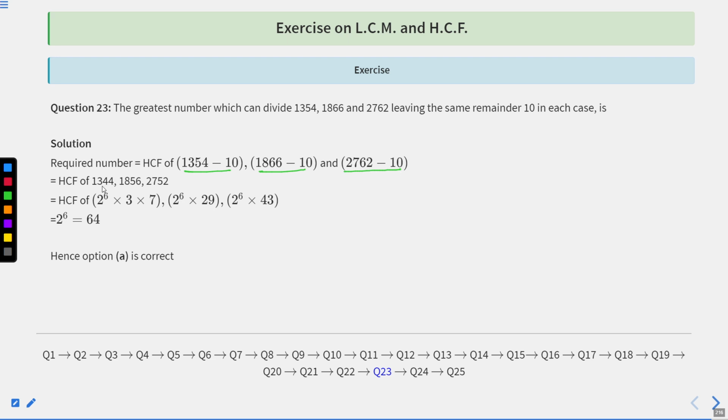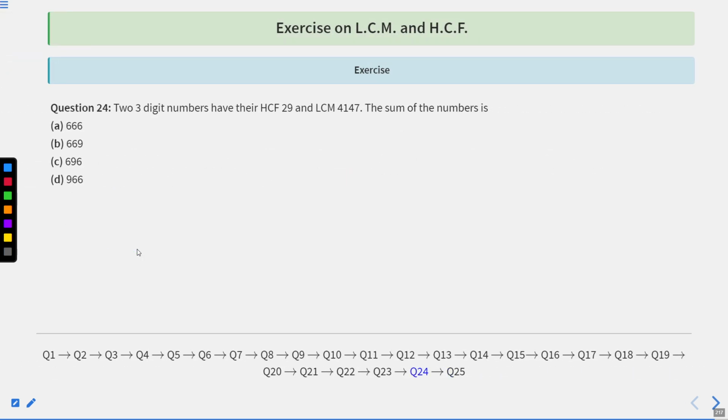So the HCF of 1344, 1856, 2752 is going to be, so the prime factorization for 1344 is 2 to the power 6 into 3 into 7. For 1856 it will be 2 to the power 6 into 29, and for 2752 it is going to be 2 to the power 6 into 43. So check which is the highest common power that we can choose. It is 2 to the power 6. So the HCF is going to be 2 to the power 6, that is 64. So the correct option here is option A.